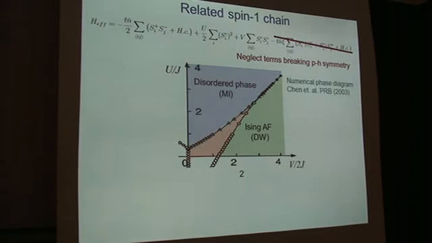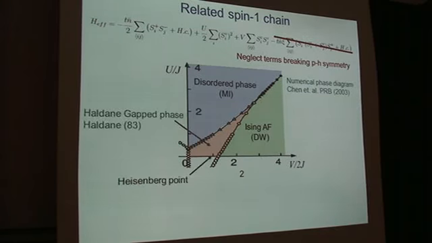It's adiabatically connected with S^z of the spin being 0 everywhere. There is this phase here, and then there is an Ising antiferromagnet. Now this phase is connected to the Heisenberg point, which gives you the famous Haldane gap. In that sense, this is the phase in between.